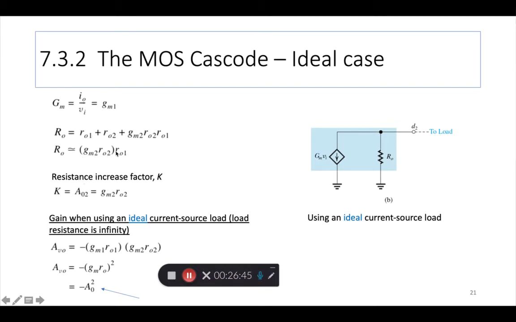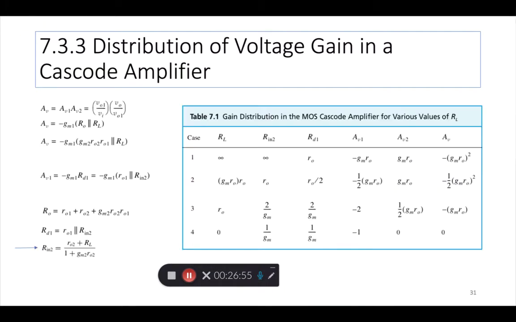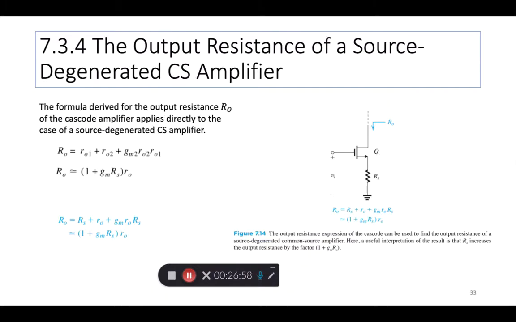This is the formula for the resistance, right? So that same formula, sorry, I'm going back and forth. I'll stop here. So that same formula can be used when there is a source resistance in a simple CS amplifier. Okay, so I hope that is clear.